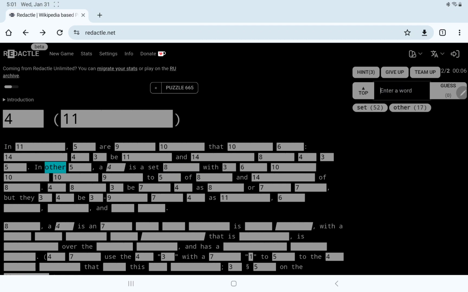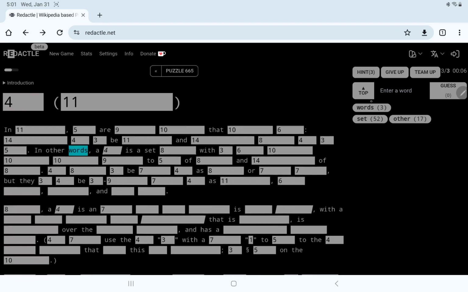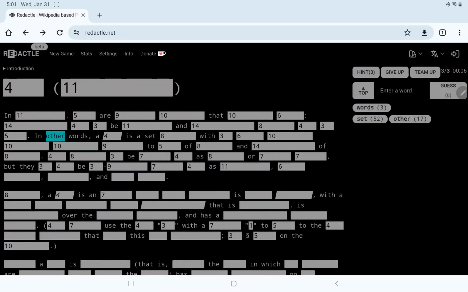Is this in other words? Yeah, A4 is a set something, so it's a kind of a set. In other words, so that's all our words.